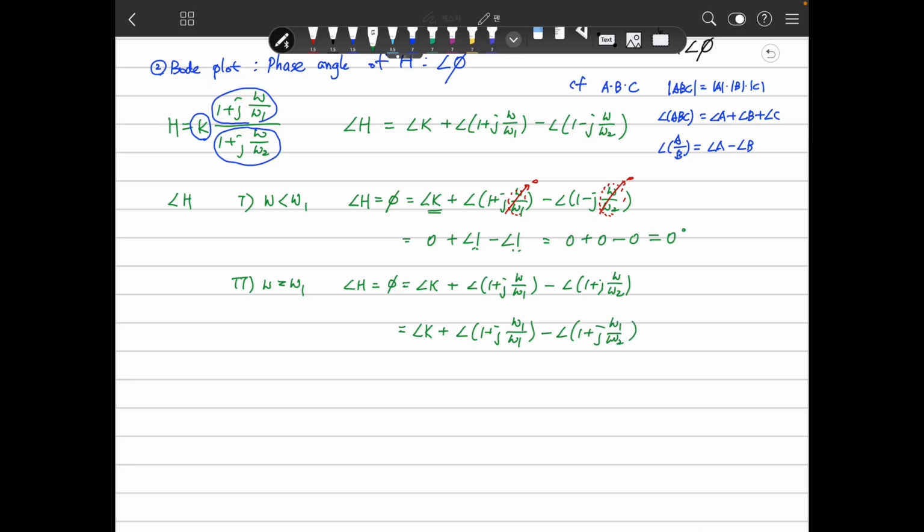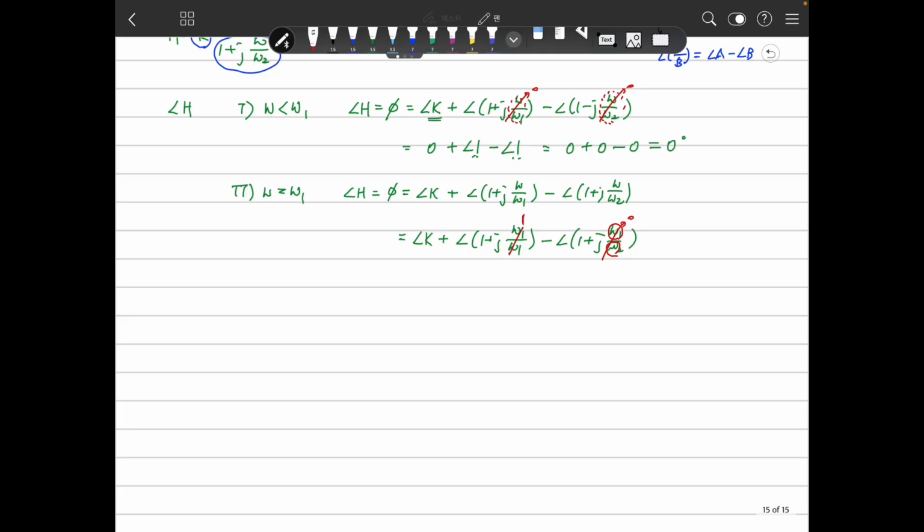So this is 1. This is 1. And omega 1 is very small compared to omega 2, so we'll ignore this term. So that can be K plus 1 plus J, minus 1.